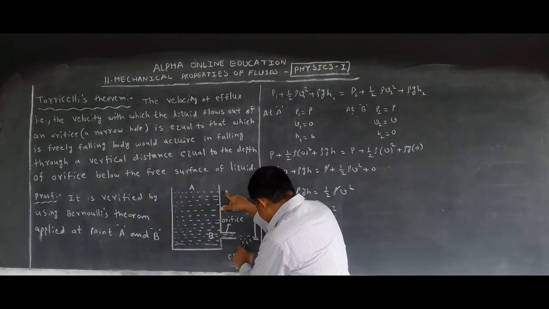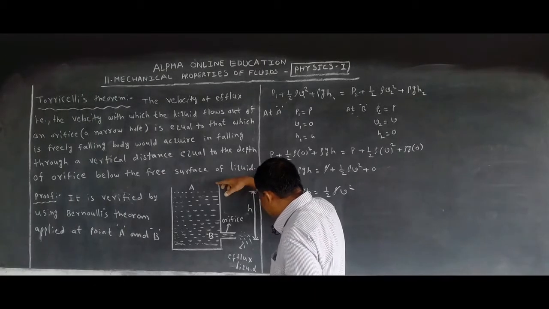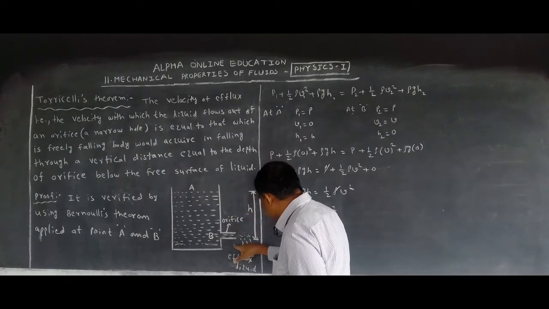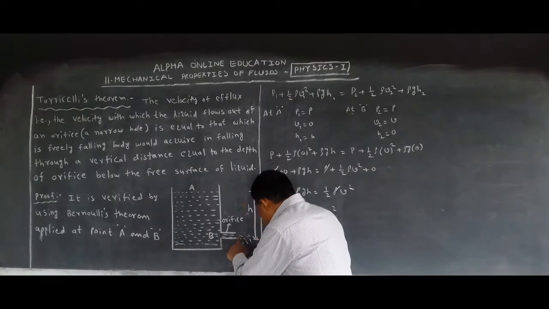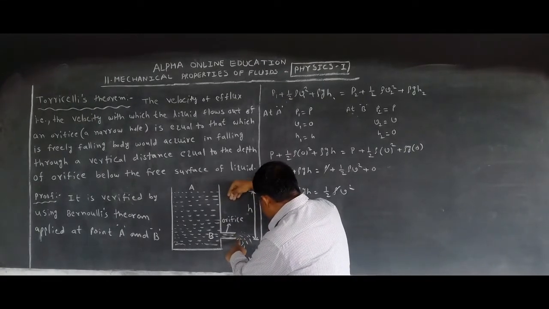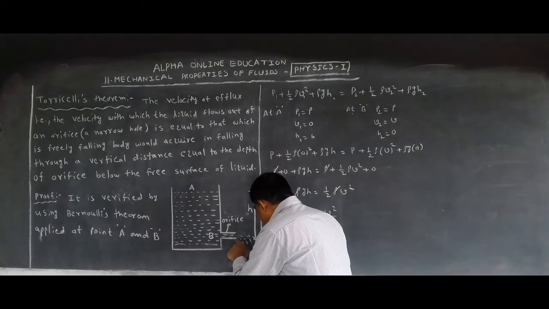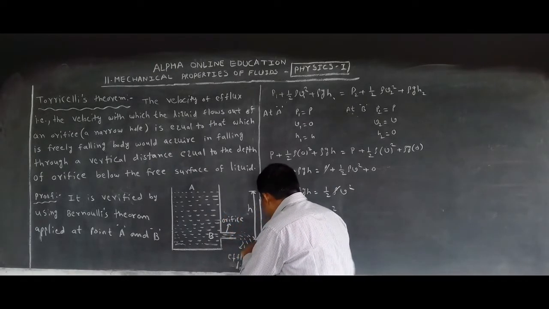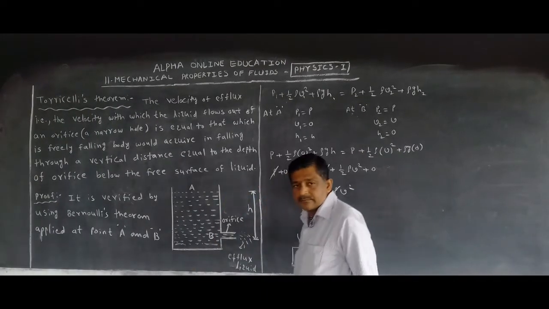Whatever the efflux velocity is, it is equal to this: take one object and drop it from the surface. It moves freely towards the ground, and its velocity gradually increases. Whatever the velocity of the freely falling body on reaching a height h below the surface, it is equal to the efflux velocity.